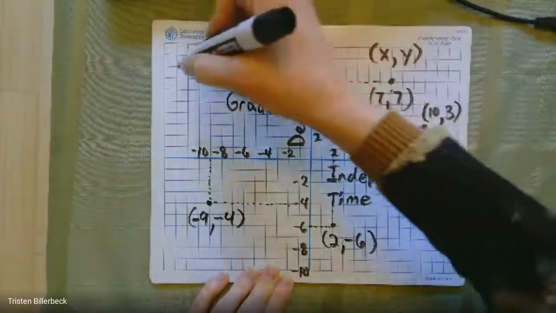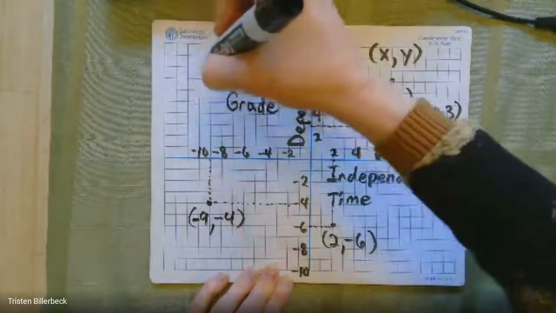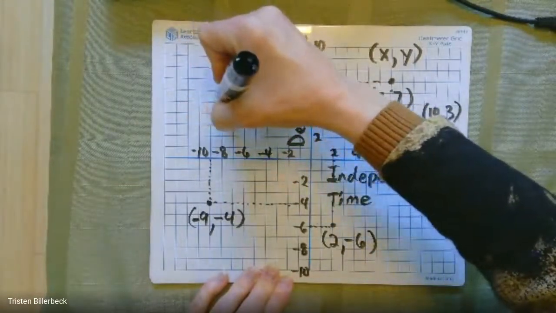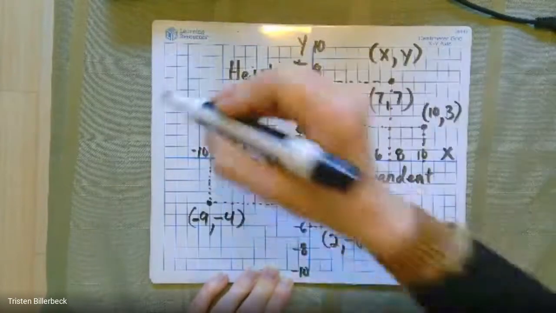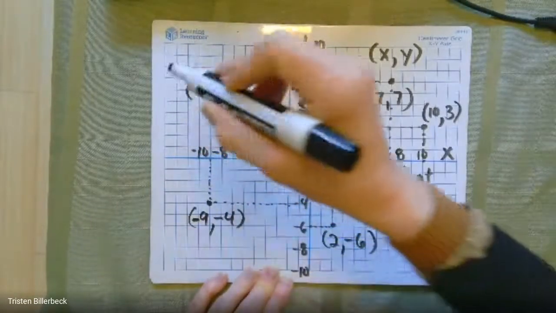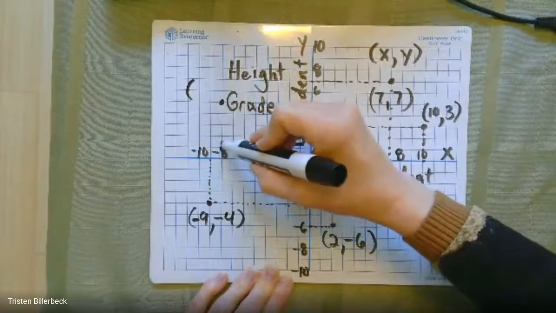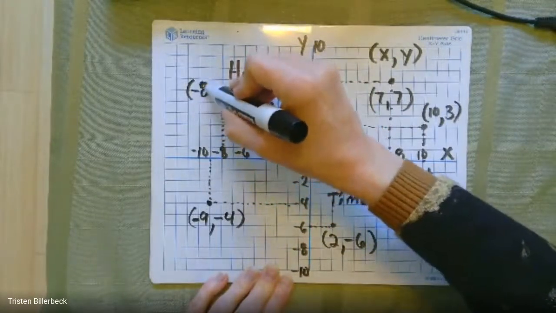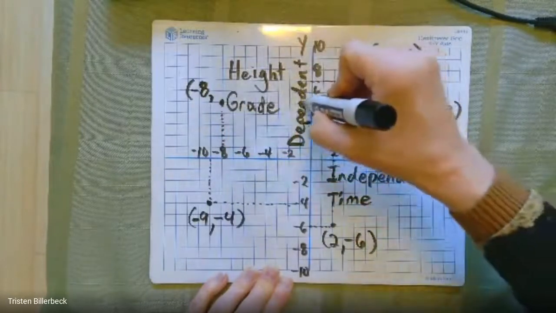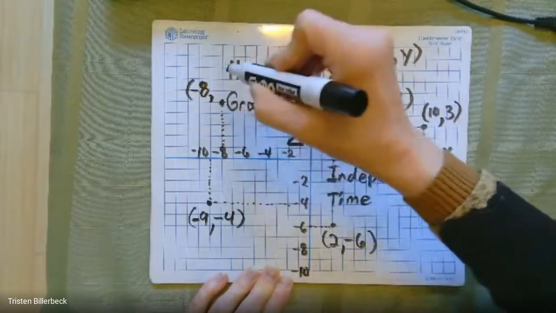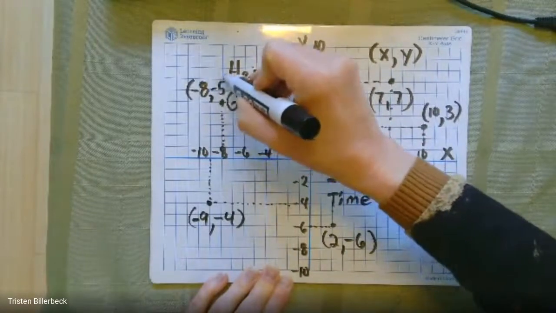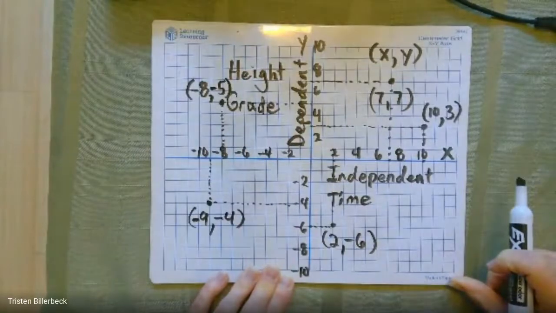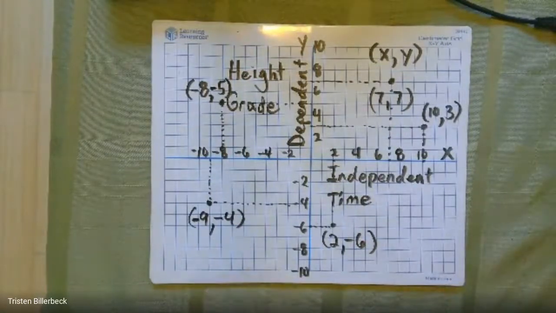And another point over here, let's say right by the grade, we have negative 8 and negative 5. All right, so that's how we would define the points.